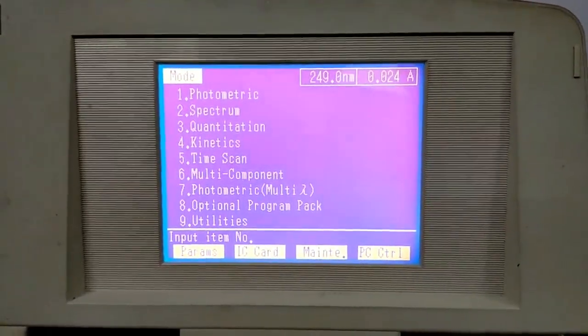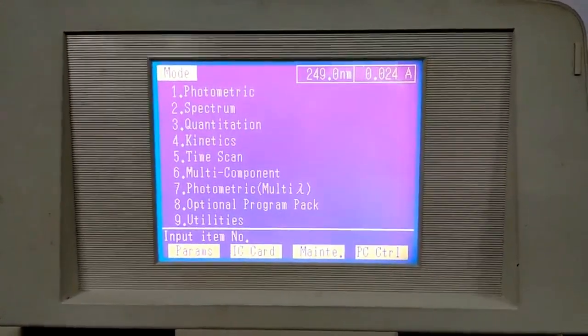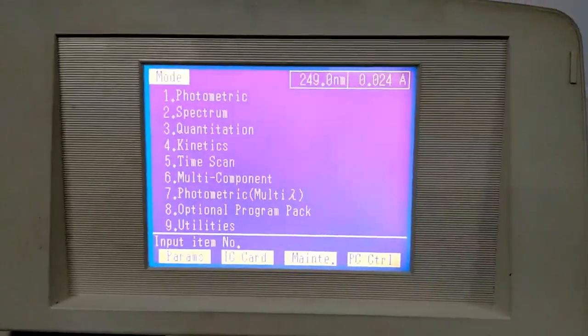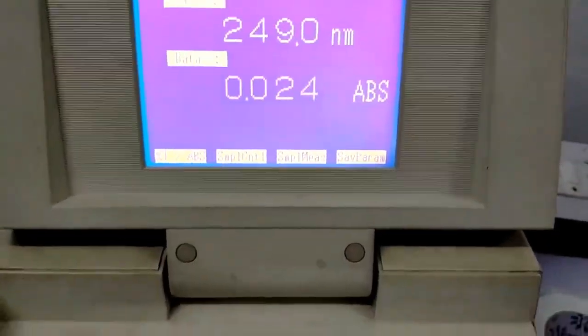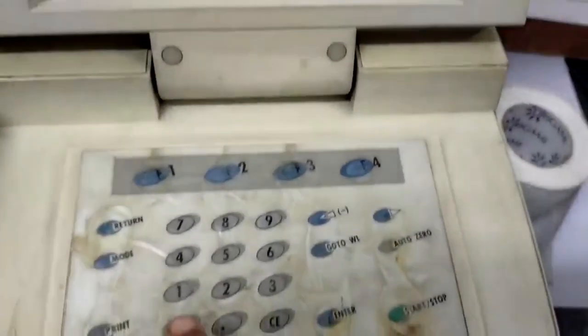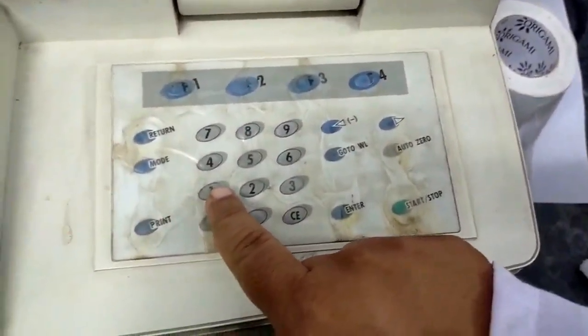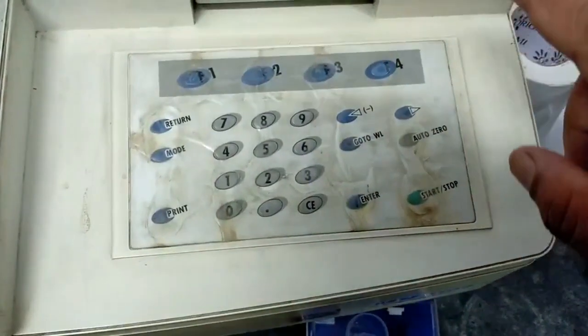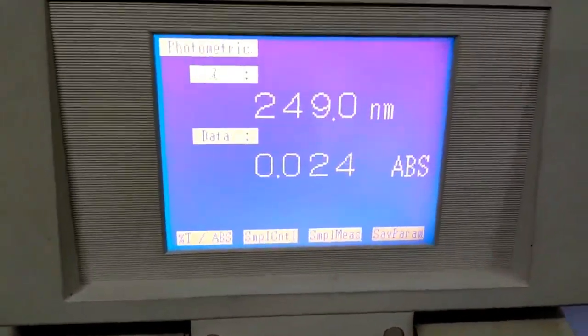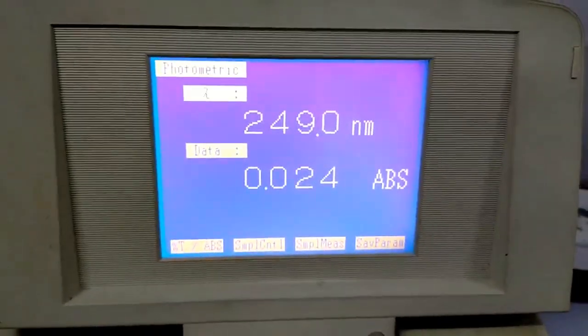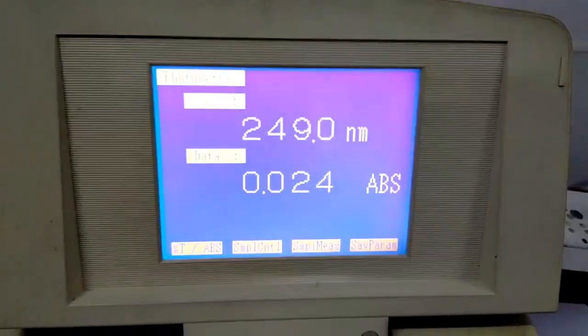Now we have to analyze the drug using mode 1. The spectrophotometer is in the photometric mode. I press the button 1, and looking at the screen you will see that at 249 nm it shows some absorbance of the solvent.